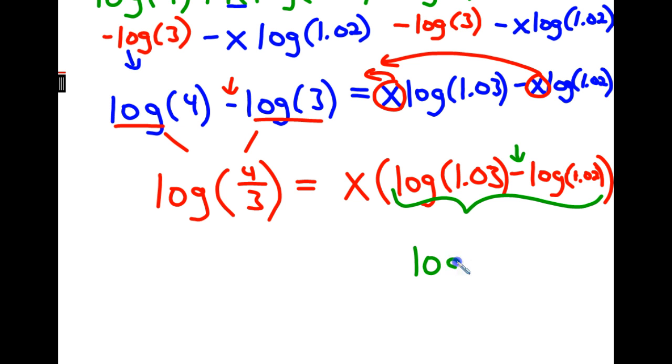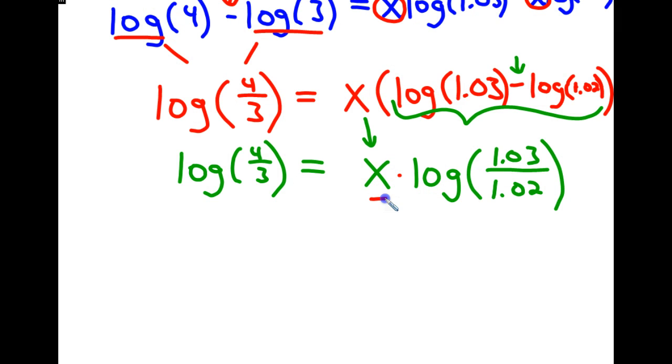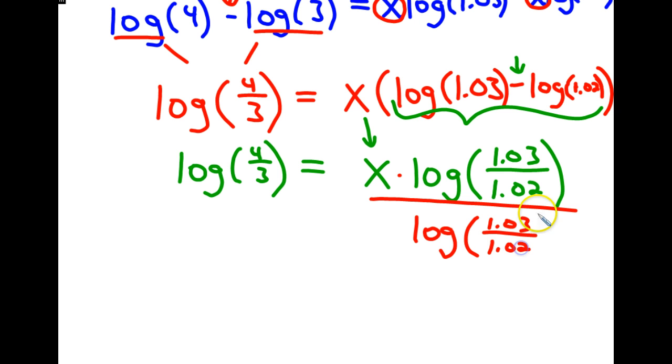The 1.03 gets divided by the 1.02 inside of a single logarithm, and we'll just copy the x down in front of that. The left-hand side, we didn't change anything, so we're just going to copy that down. Right. So I think this is a lot easier to see what's going on. Now, to get the x by itself, we just divide by this log base 10 of 1.03 divided by 1.02. We divide that on the left-hand side as well.